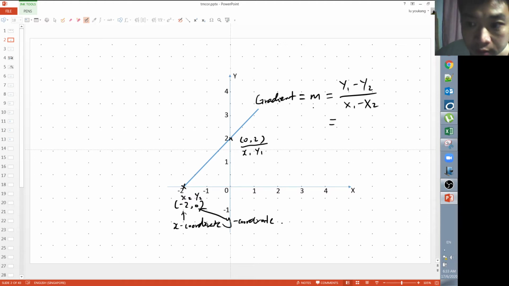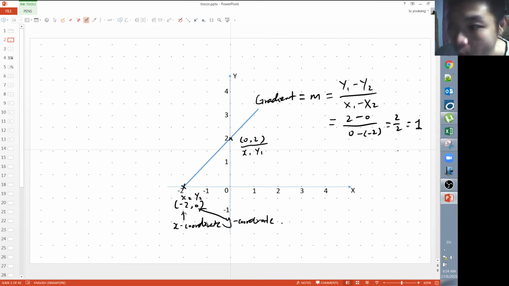Your y1 is 2, your y2 is 0, your x1 is 0, and your x2 is minus 2, and then you end up with 2 over 2, and that will give you 1. So the gradient of this straight line here is 1.